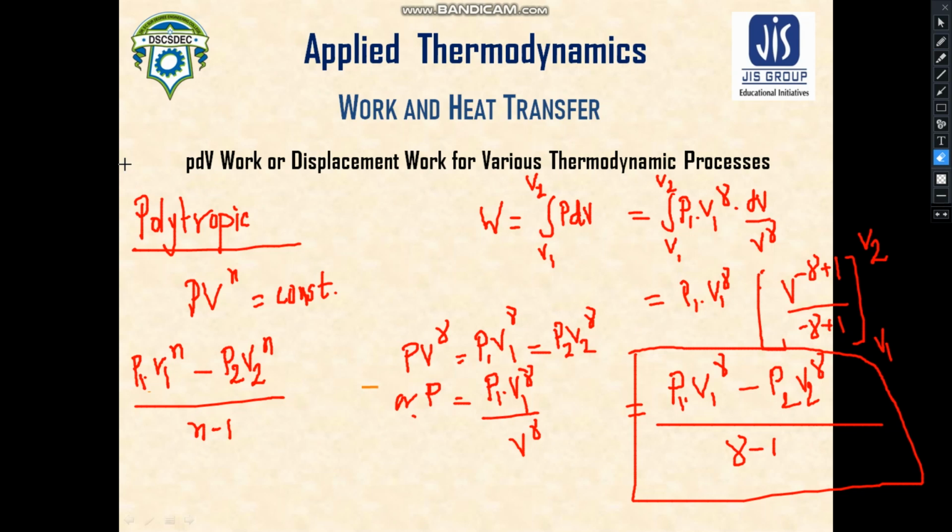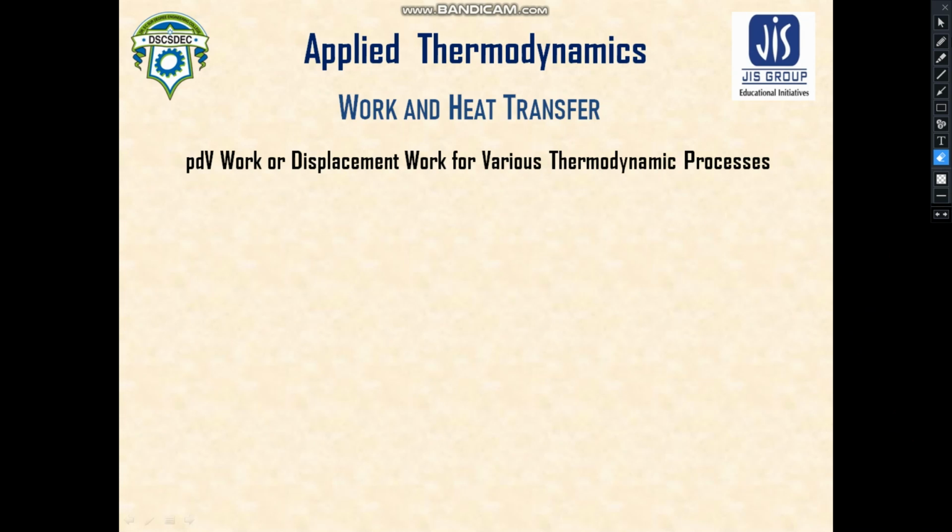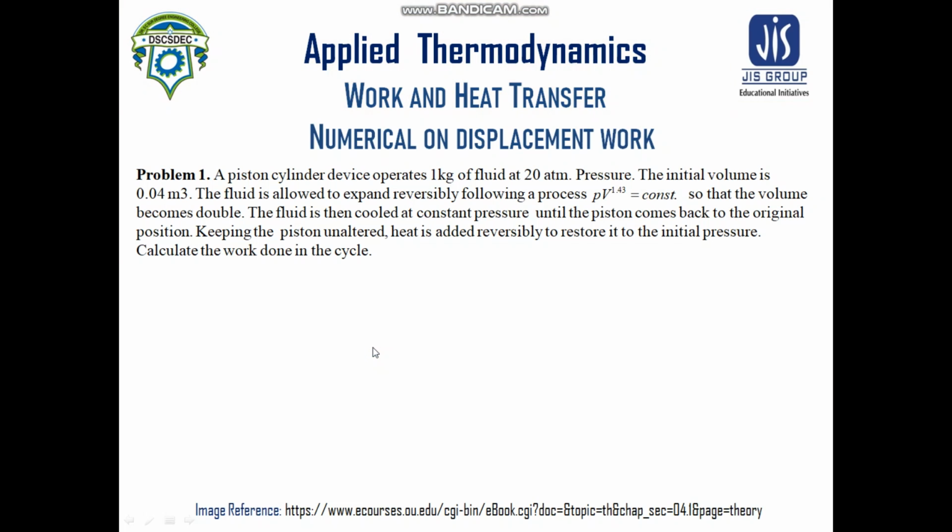Now we shall move on to a thermodynamic problem where these formulas will be used very much. Let us see this problem here. As you can see, a piston cylinder device operates 1 kg of fluid at 20 atmospheric pressure. The initial volume is 0.04 meter cube.